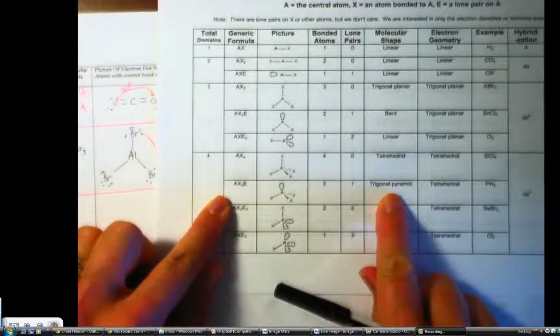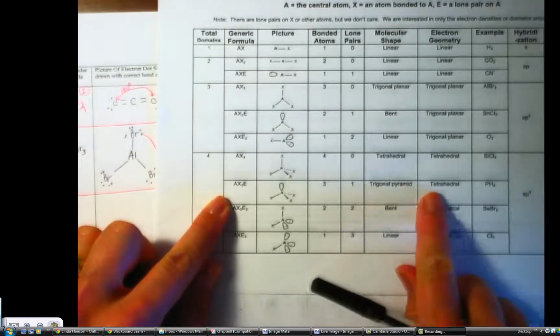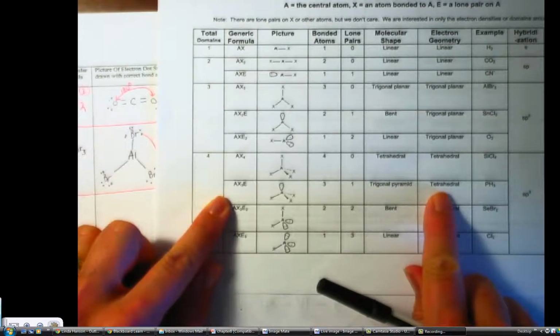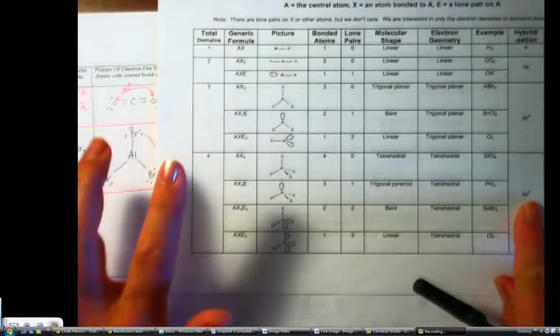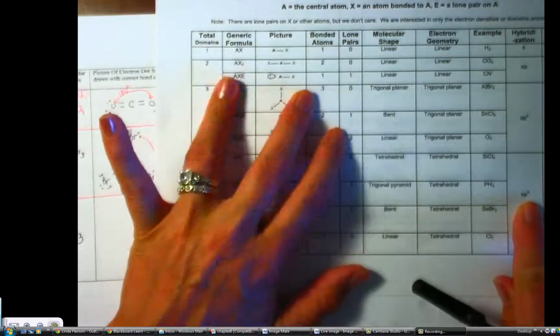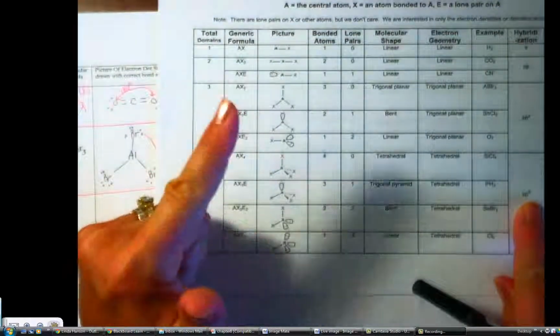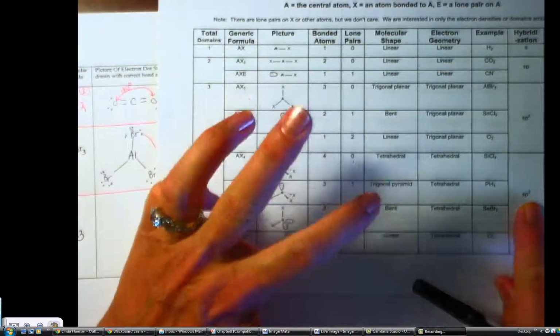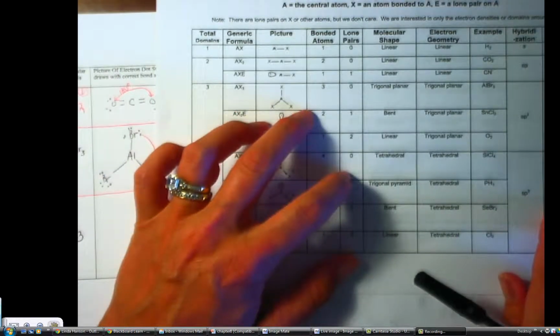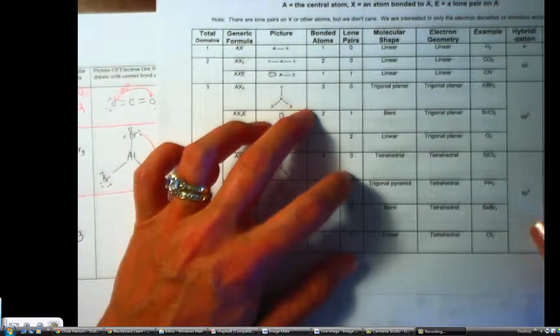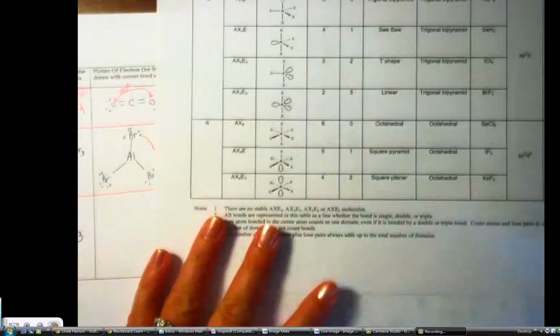It's called a trigonal pyramid. The domain, of course, is still tetrahedral. An example is PH3. With 4 domains, sp3 is our 4 fingers, s, p1, p2, p3, and the bond angle will be a little less than 109.5 because of the lone pair pushing those hydrogens in.